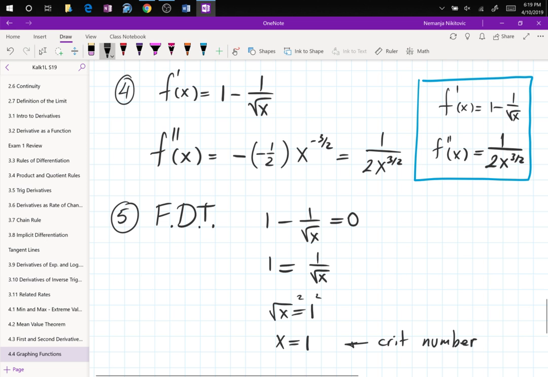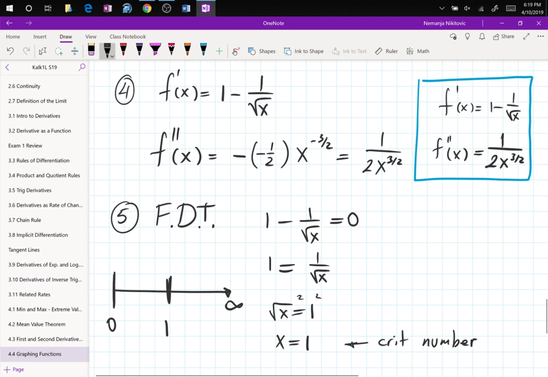And if I have a critical number, that could be a min or max, right? We are going to do partitioning, but remember, our domain starts at 0, so I don't get to go to negative infinity. I start at 0, I partition at 1, and go to positive infinity.